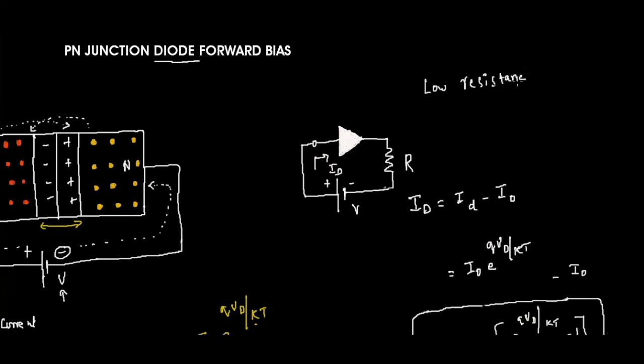This phrase, low resistance path, is very important as far as your exams are concerned. Because of this low resistance path and the low barrier voltage, this diode is now acting as a conductor.